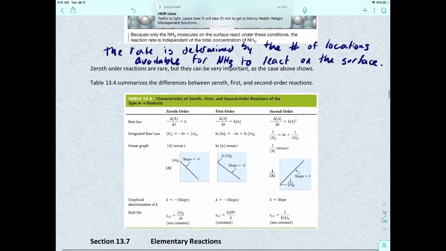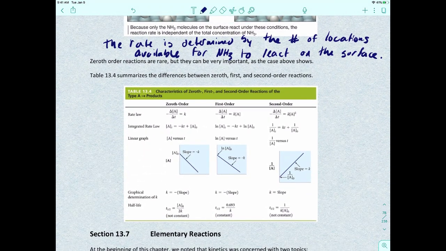All right, and finally, to summarize everything that we're looking at, this is a really nice table. To be honest, on the exams, I do give this table to students. This pretty much summarizes the rate law, the integrated rate law, the graph, how you determine k, and the half-life for zeroth order, first order, and second order reactions.